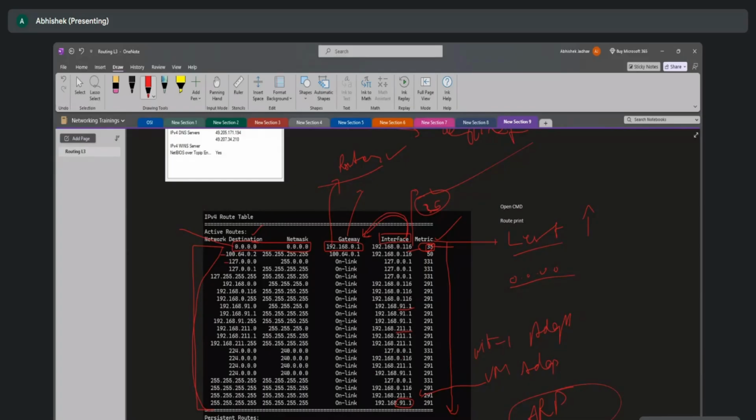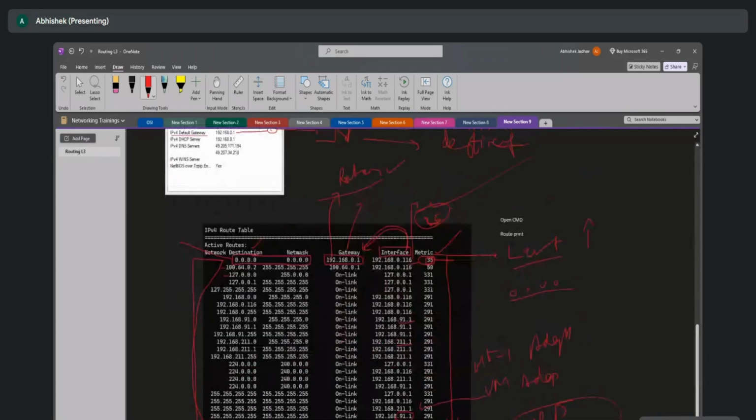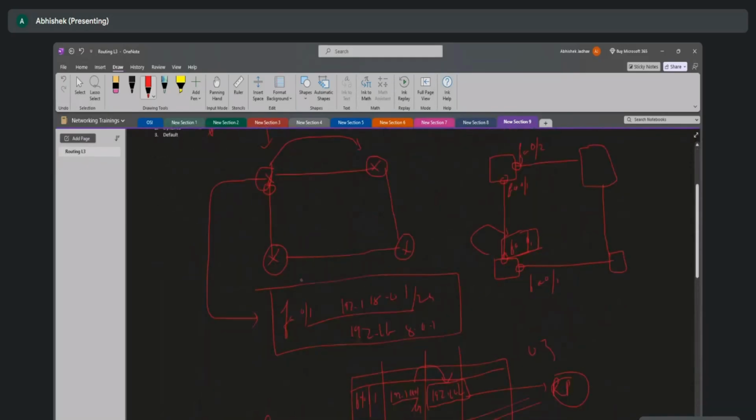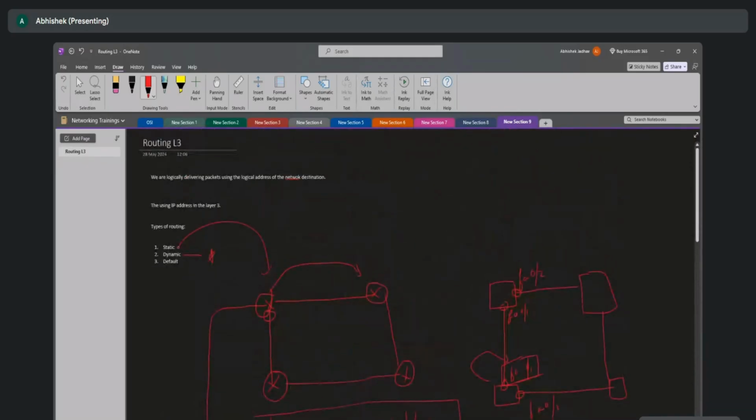So now, based on this, the same thing goes on with the routers as well. Okay. So now, if you see, we were at the portion where we were discussing static routing. So what is static routing?